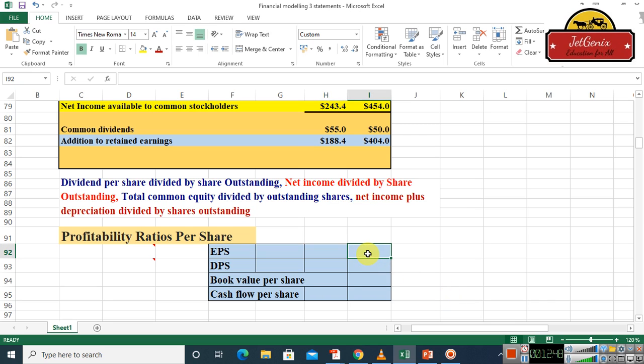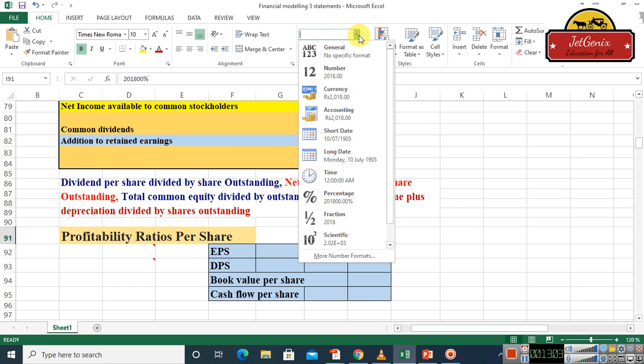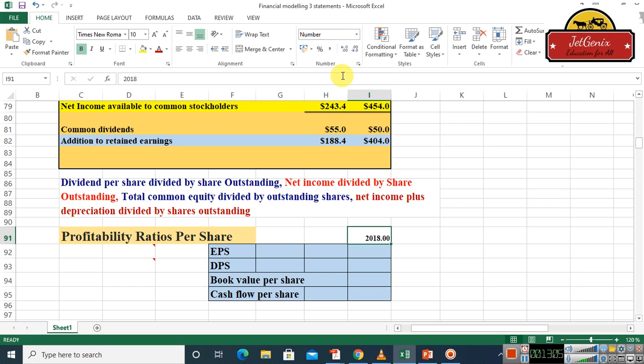So here, for 2018, we will have the 2018 data. Let me write the 2018. Oh, sorry, it's not a percentage but a year. Just write the number, I think it will work. Anyway, 2018, and here we have 2019.